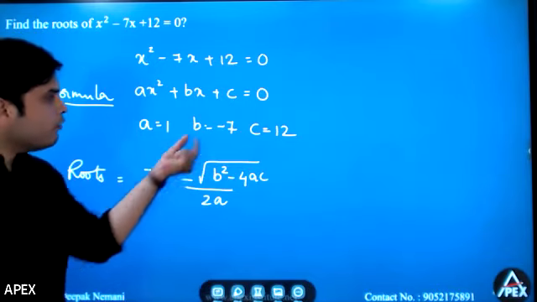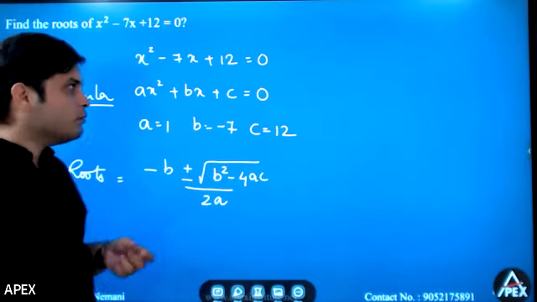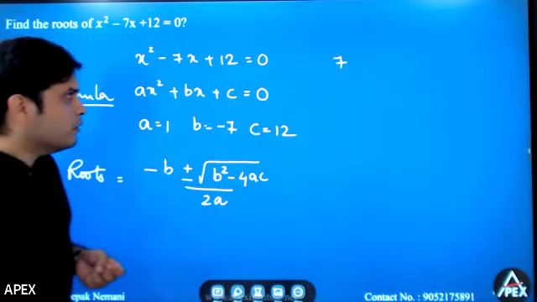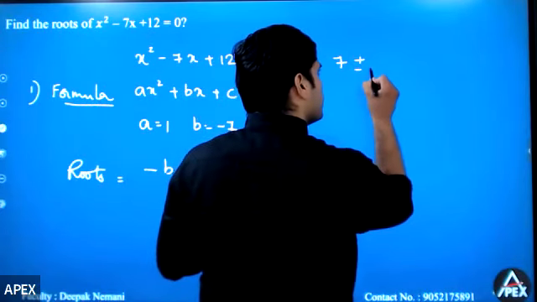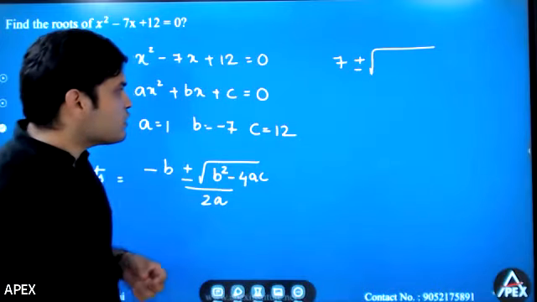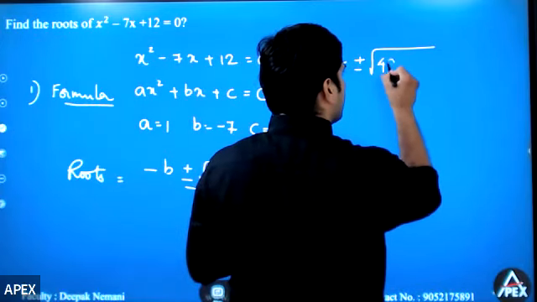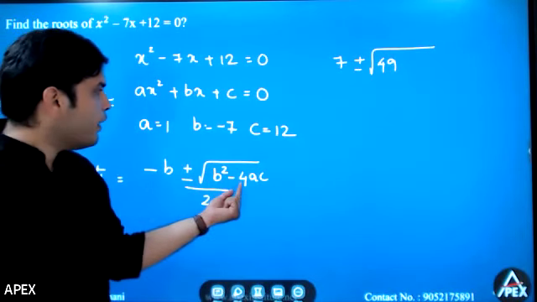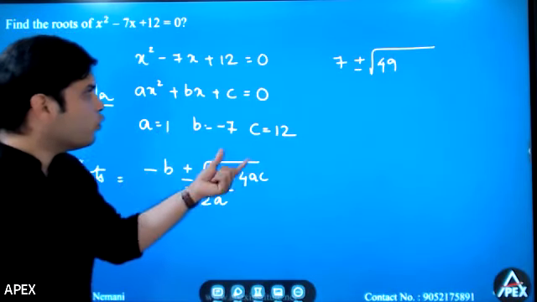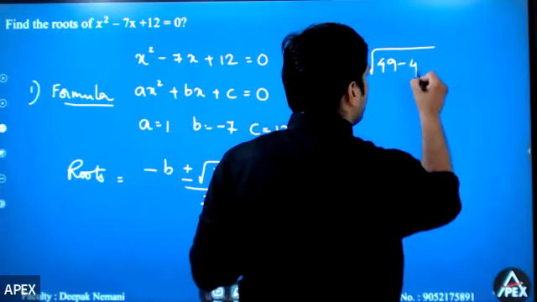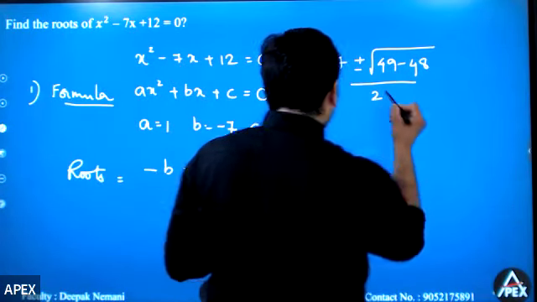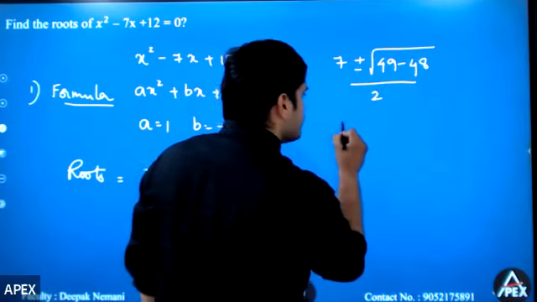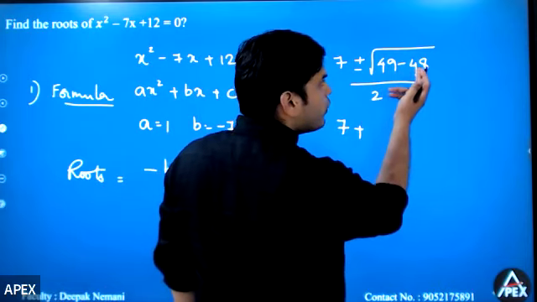Okay, so here the value of b is minus 7, so substitute here. So minus b, minus of minus 7 is plus 7, plus or minus root over 7 square, 49, minus 4ac, minus 4 into a, 1, into 12, minus 48, by 2 into the value of a, which is 1 here, so by 2. Okay, so this will be 7 plus or minus root 49 minus 48.